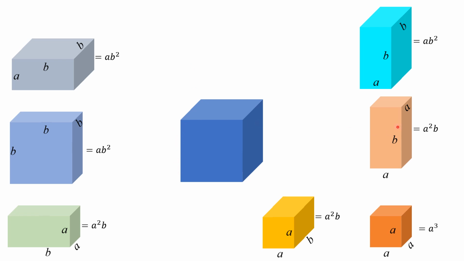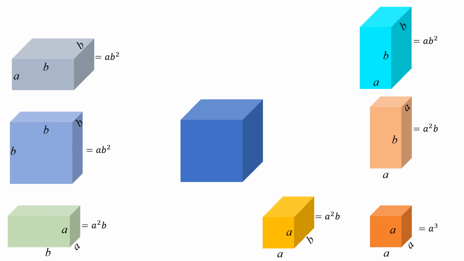And this side was taken from here, and it was a plus b in length. A is taken away, so this is again equal to b. So the height, length and breadth are all equal to b, and so the volume of this cube will be b cube.